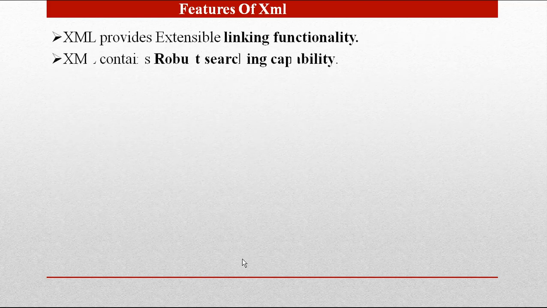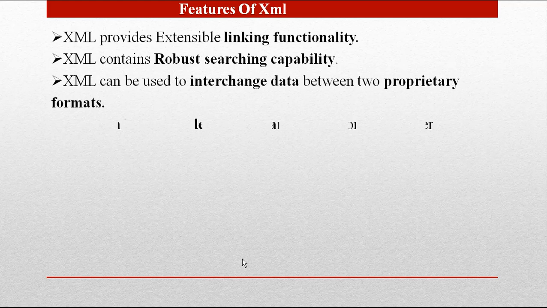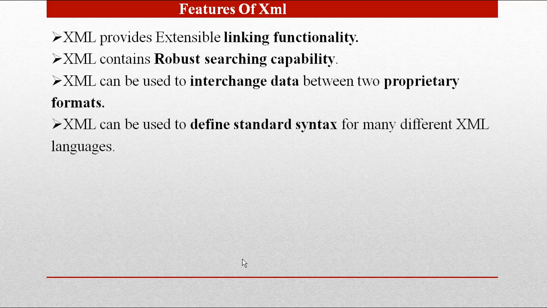The other features are that XML provides extensible linking functionality. XML contains a robust searching capability. XML can be used to interchange data between two proprietary formats. Look, what is meant by proprietary formats and what is meant by interchange data? If any company develops its own tag, that is called a proprietary tag.